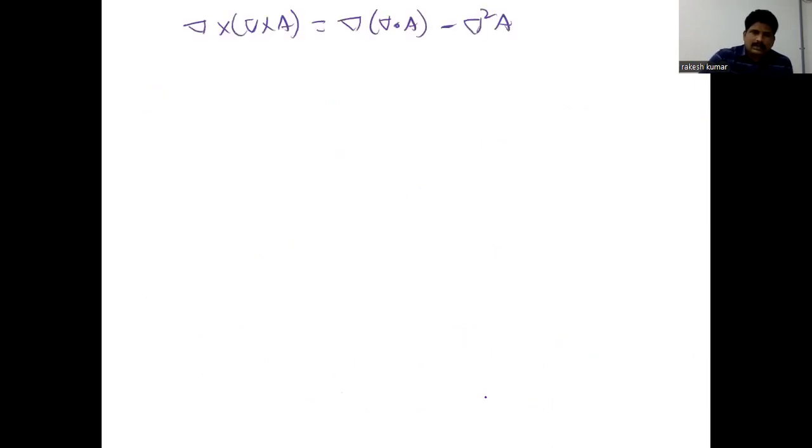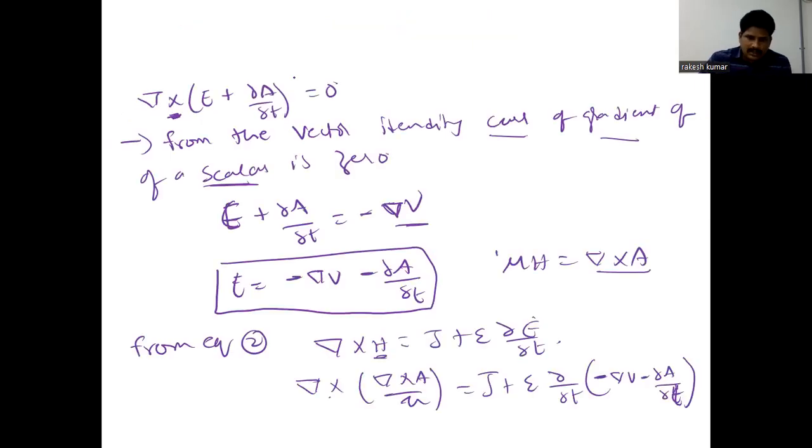I can write this expression as del of del dot A minus del square A is equal to the right side.